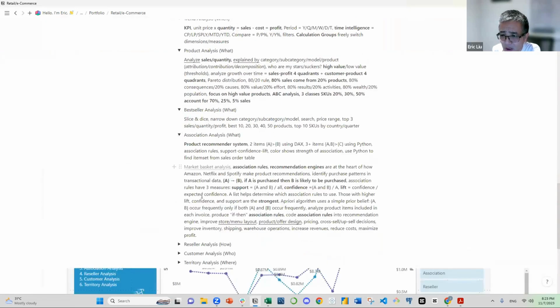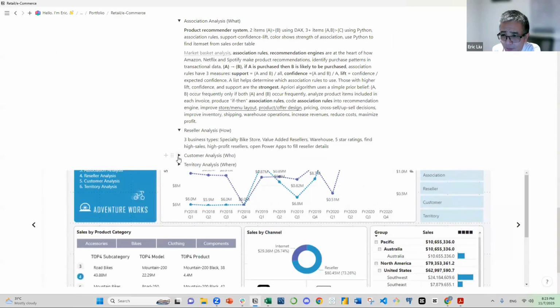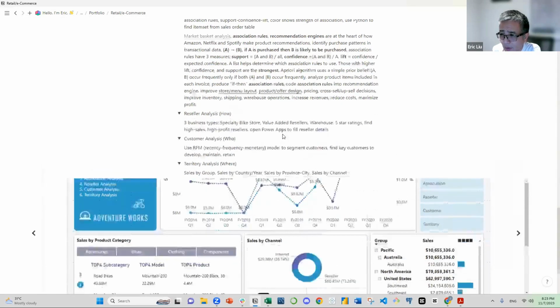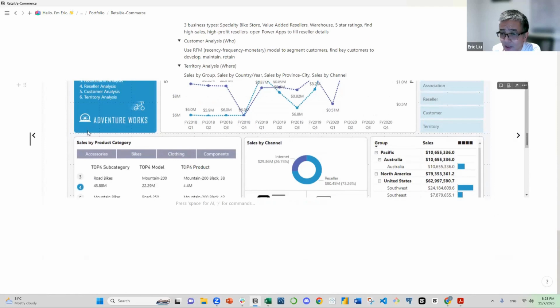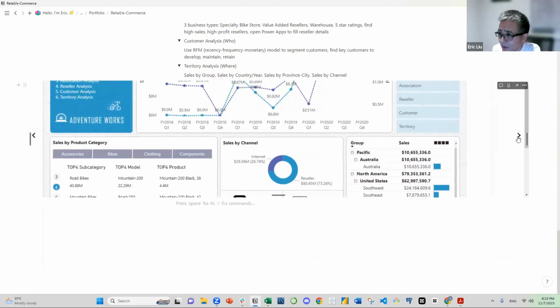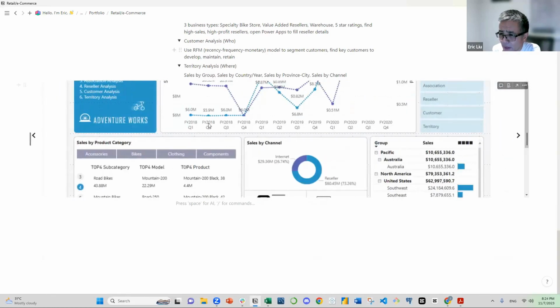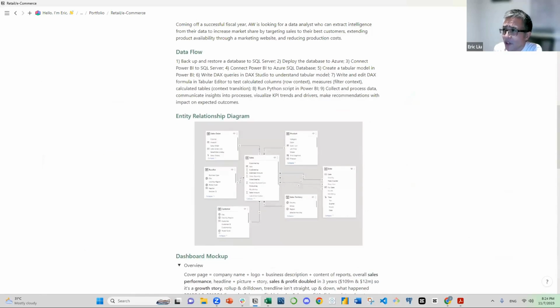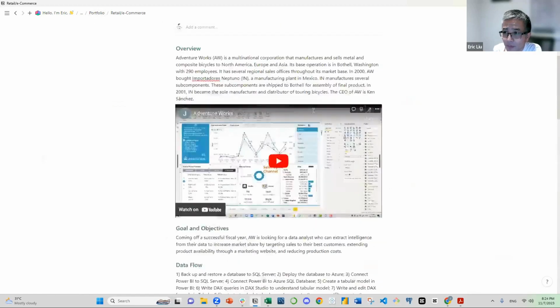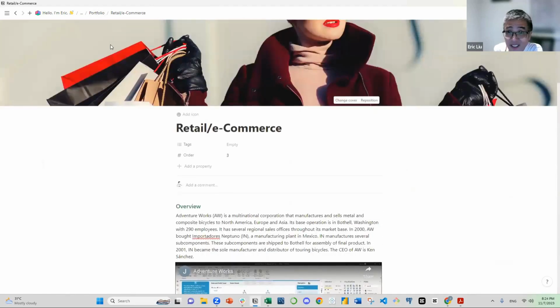You will see more content. Last but not least, you can see a cursor. We can show you different pages of the dashboard. So at a very high level, I think this is how you want to show your portfolio. Did I answer your question? Hope I answered your question.